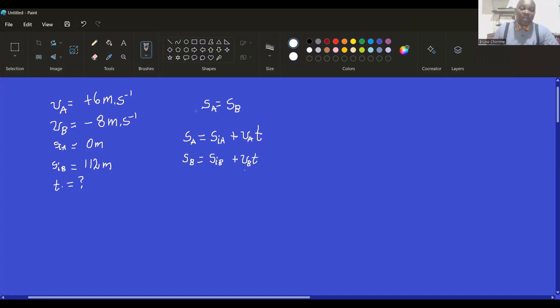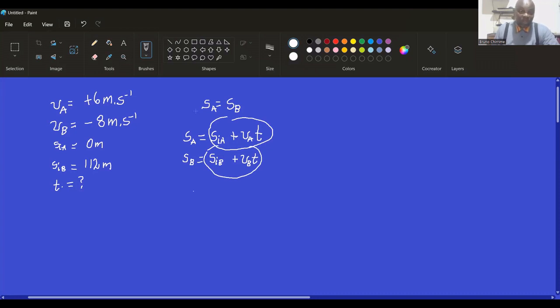So what do we do? Since we said the position of A is equal to the position of B, it means that these two circled parts of the equations are the same. They can be equated. So let's do that. But before we do that, we remember that of course the initial position of cyclist A is equal to 0, right? So we don't actually need to add it. It cancels out.